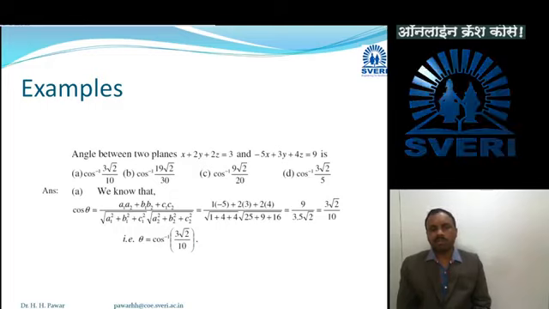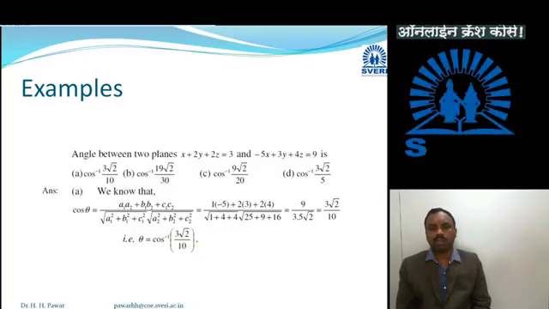So put these values in the formula of cos theta, we'll get 1 into minus 5 plus 2 into 3 plus 2 into 4 divided by square root of 1 plus 4 plus 4, that is 1 square plus 2 square plus 2 square, and square root of minus 5 square plus 3 square plus 4 square, that is 3 into 5 root 2, which gives us 3 root 2 divided by 10. Hence the correct option is theta equal to cos inverse 3 root 2 divided by 10. That is option A for this question.